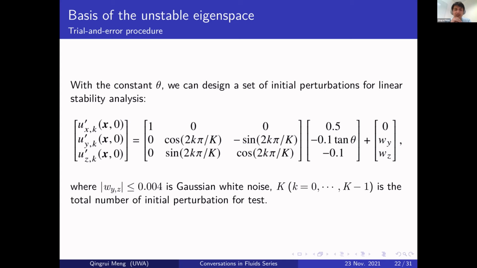This Gaussian white noise can help us to avoid that situation: if we just rotate this vector around the x-axis, it might span only a subspace. So to avoid that situation, we add the Gaussian white noise.